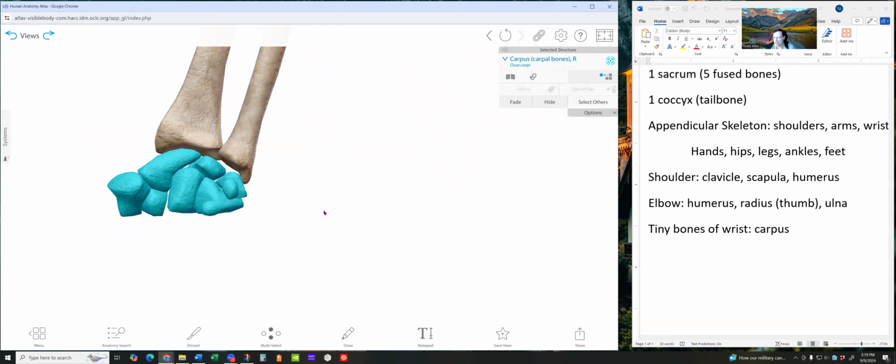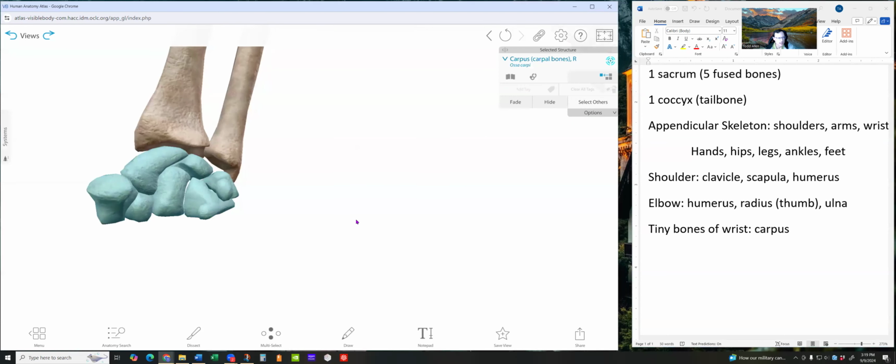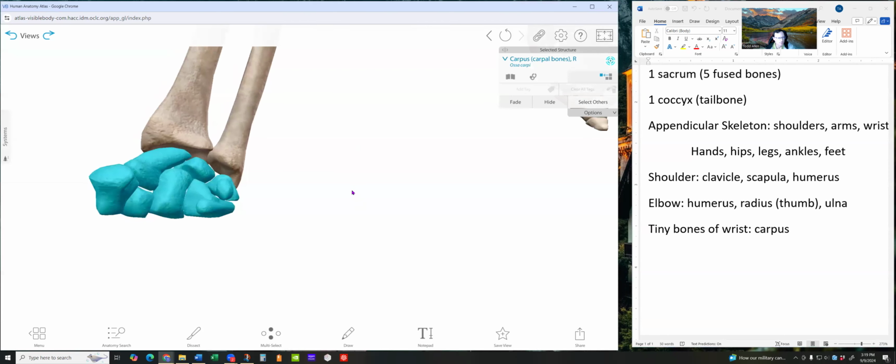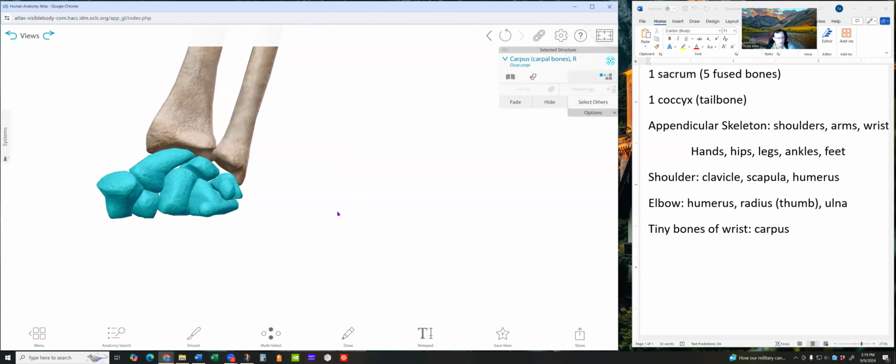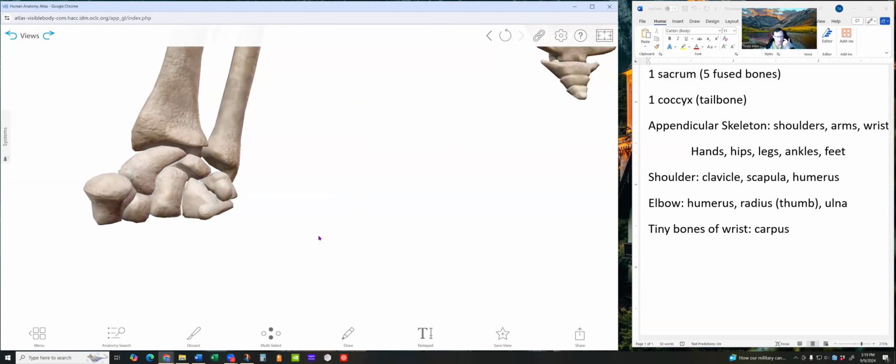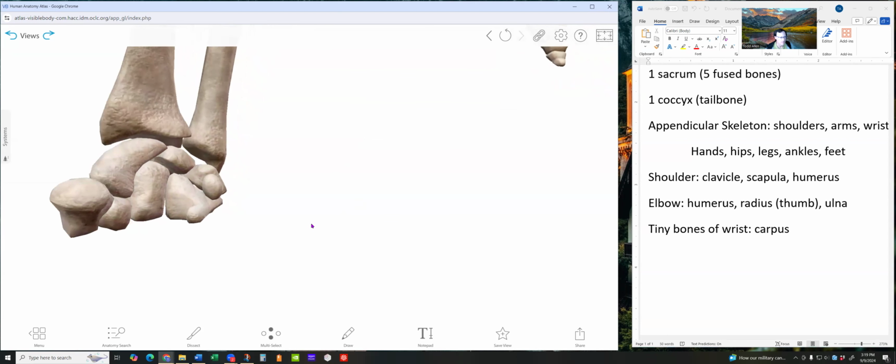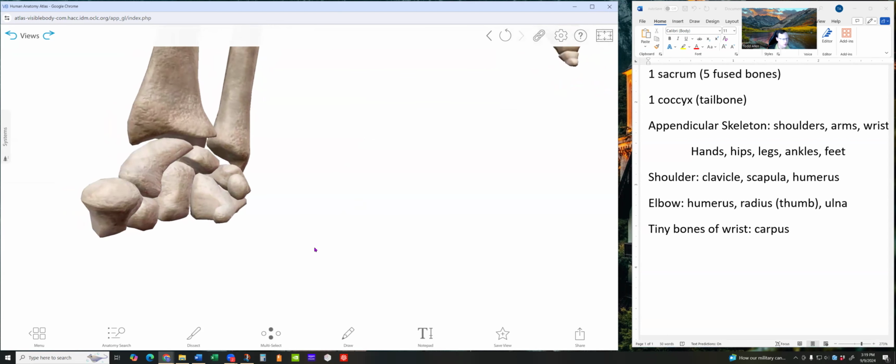There's a couple strategies to make these bones easier. First is to think about the layering of these bones. I'm going to do in the software what I call multi-select.